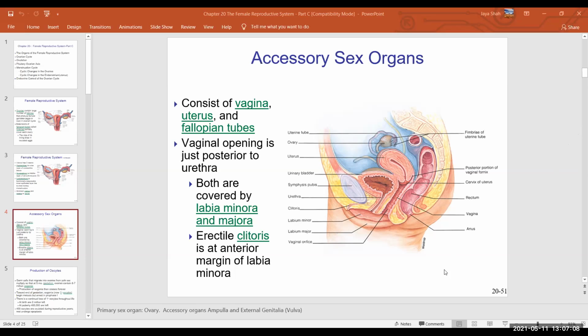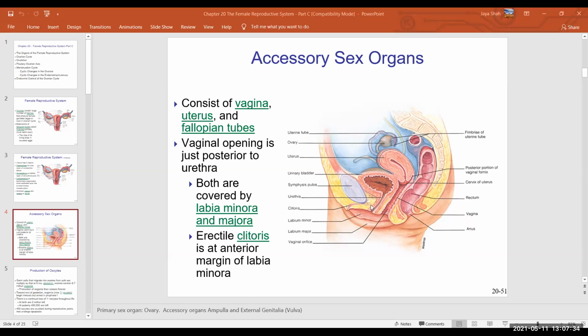So what kind of section in this diagram can you see? Mid-sagittal section. That means you are dividing the female body into right and left equal halves.